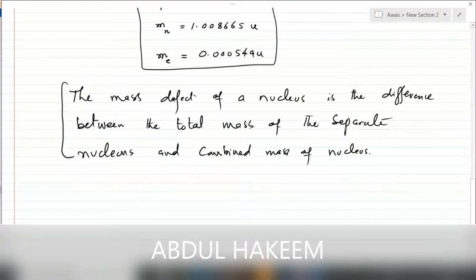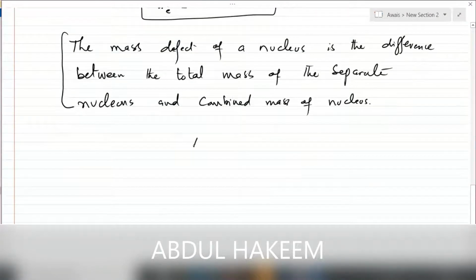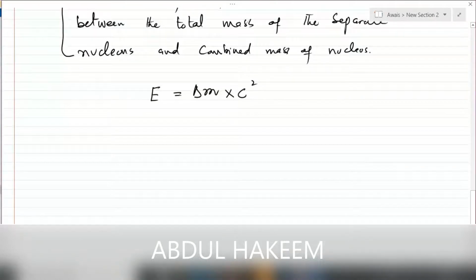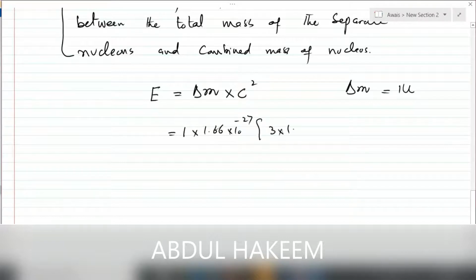Now this difference of the mass is converted into energy by this formula, E is equal to mc square. Suppose the difference of the mass is 1 U, then 1 U means 1.66 into 10 power minus 27, speed of light 3 into 10 power 8, and square.